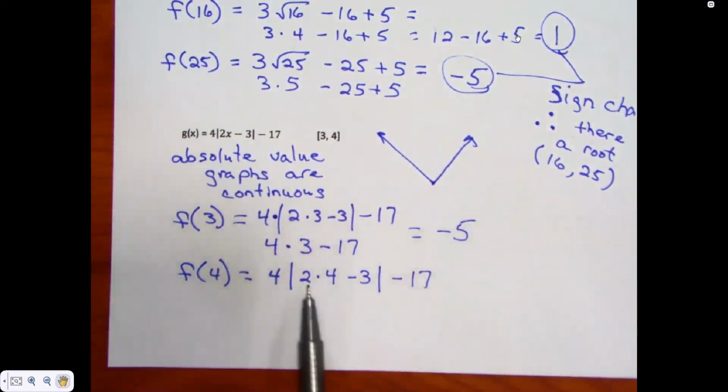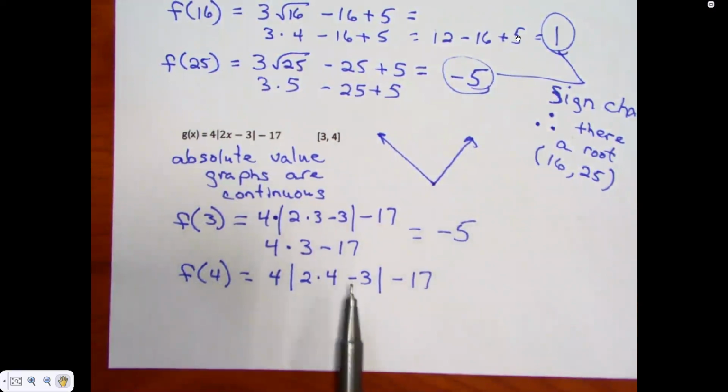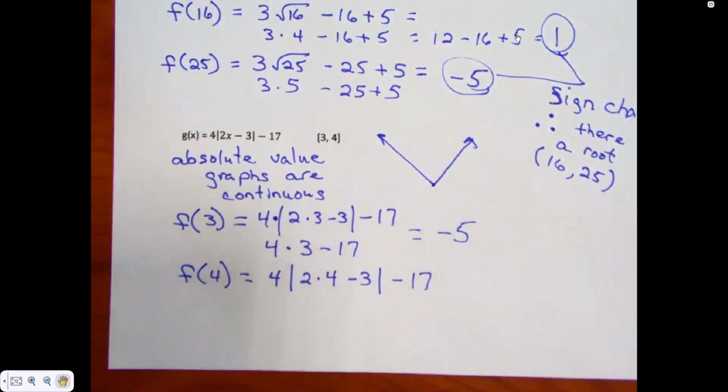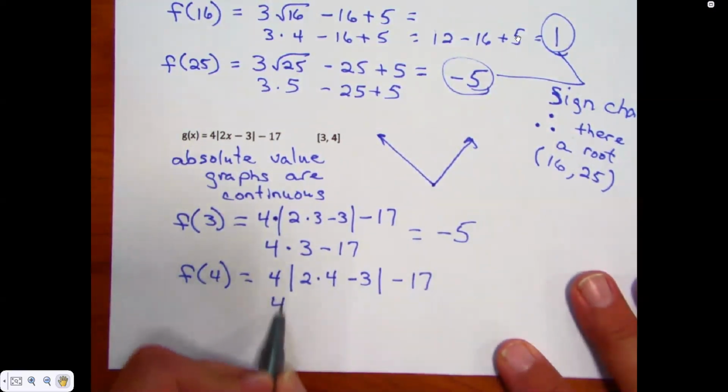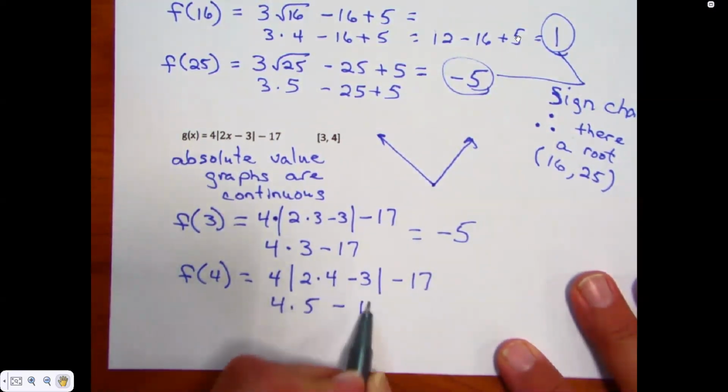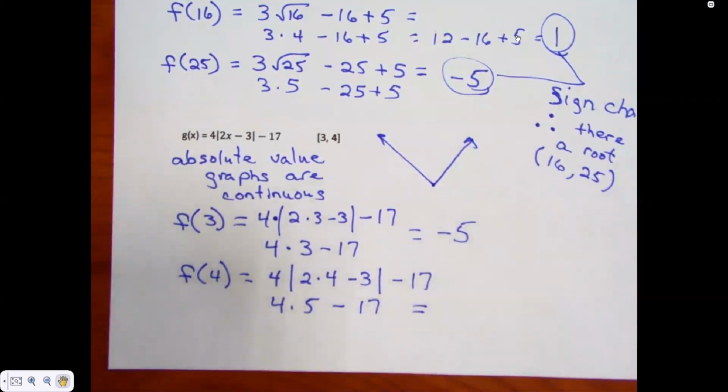That gives us what? 8 minus 3 is 5. Absolute value doesn't change the sign, it's just always positive. So it was positive to begin with, so that's okay. 4 times 5, beautiful. That gives me an answer of 3, right? And there's some room for leeway. As long as you get something positive, you're in good shape.